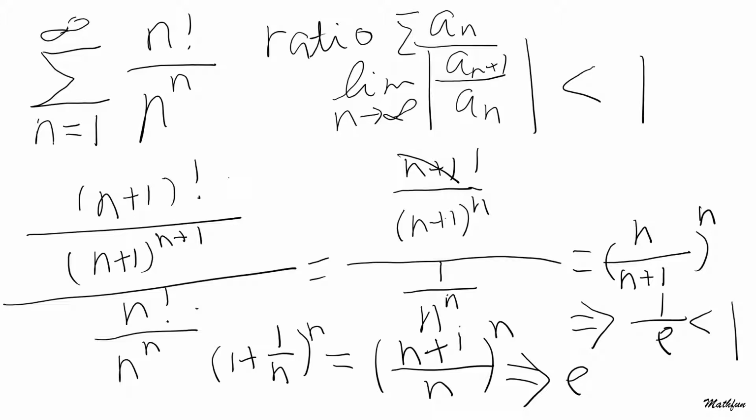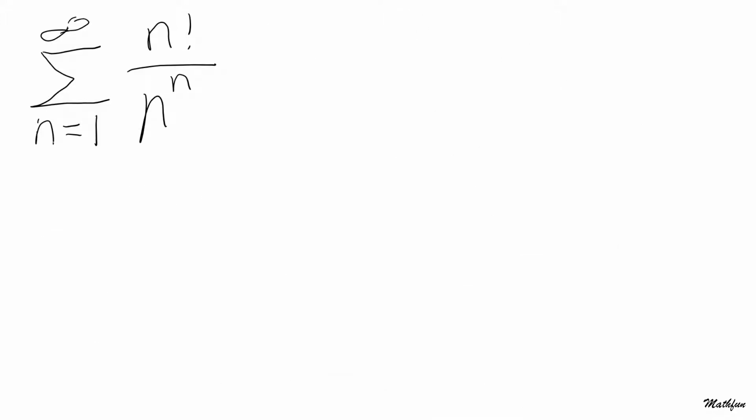And that is the first method. The second way to prove that it converges is what we call a comparison test. Now, how to do that? If we have two series, a series of a_n and another one b_n, okay?